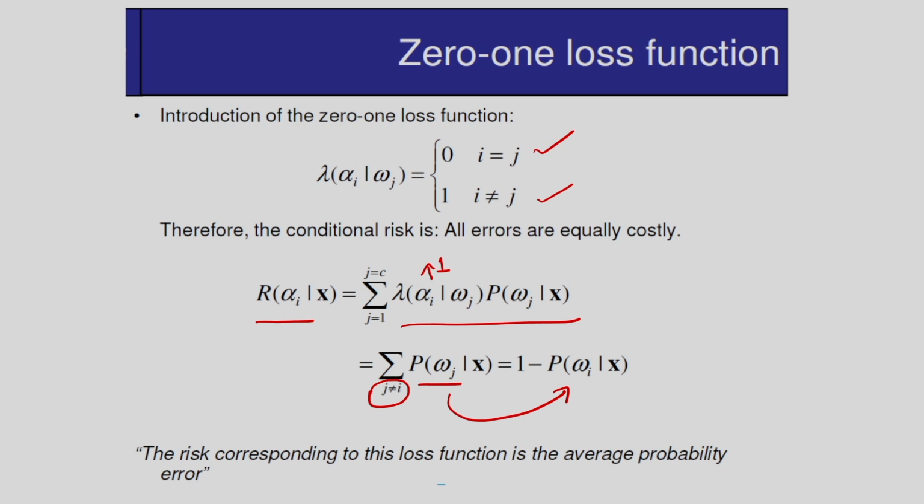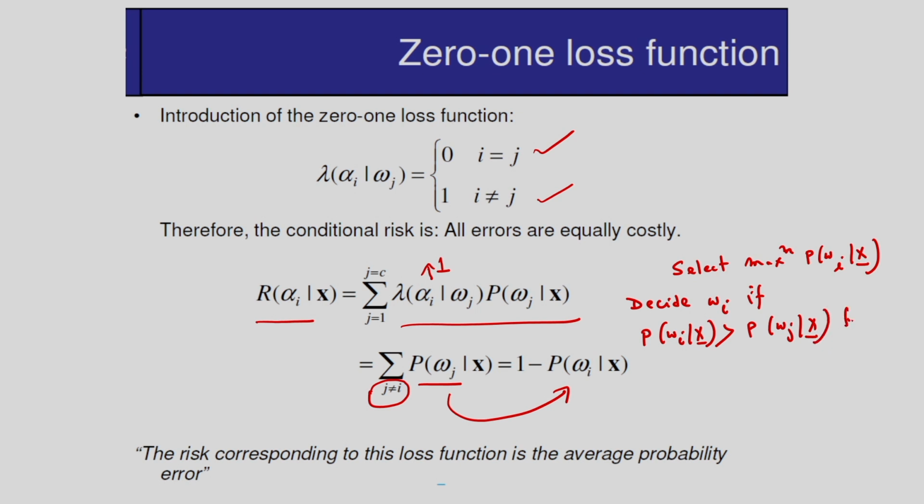To minimize the risks, what do I have to consider? I have to select the maximum probability of Wi given X. That is the posterior probability; I have to select its maximum value. That means the decision rule will be like this: decide Wi if the probability of Wi given X is greater than the probability of Wj given X for i not equal to j.